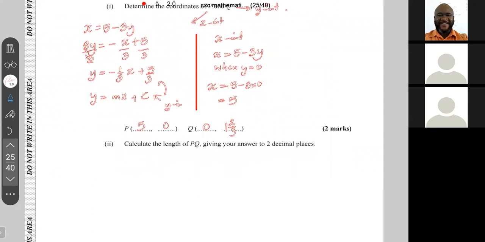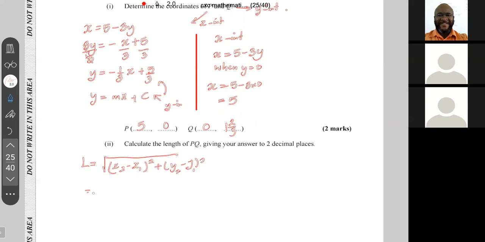Next, we have to calculate the length of PQ. Now, the formula for the length of the line L is the square root of x2 minus x1 squared plus y2 minus y1 squared. If you have the y2 minus y1 first, it doesn't matter, you'll get the same answer.